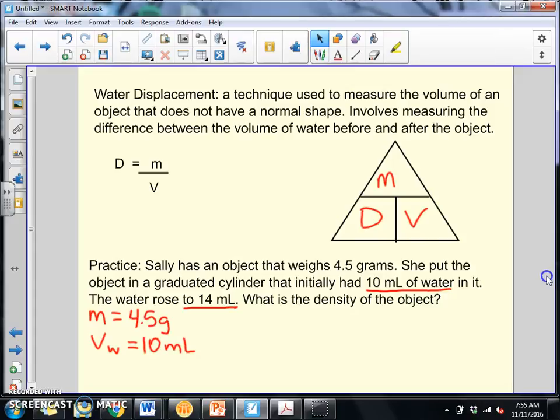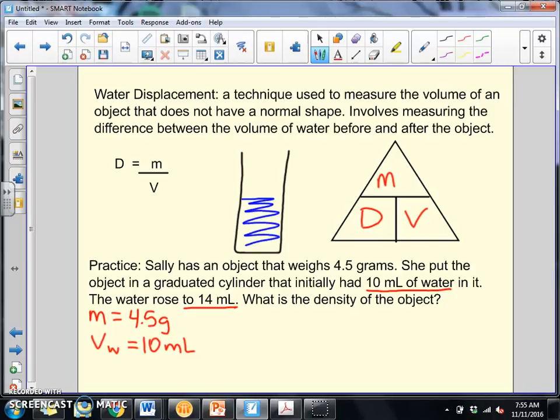If we draw a picture of our graduated cylinder, we know that it initially had a certain amount of water in it. It had 10 milliliters. But then Sally added the object to the graduated cylinder.